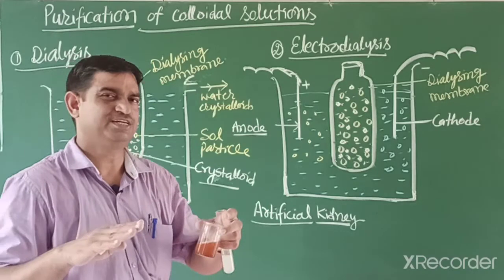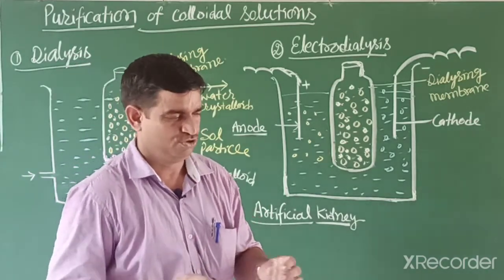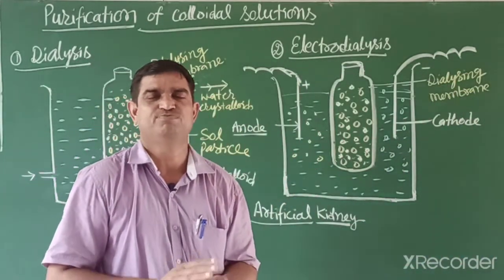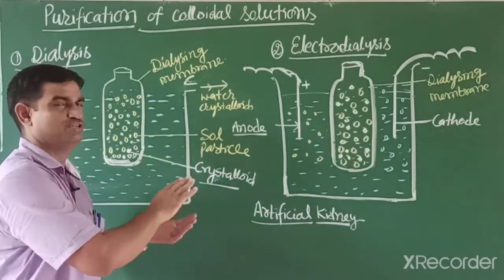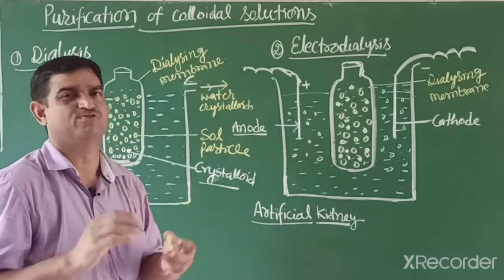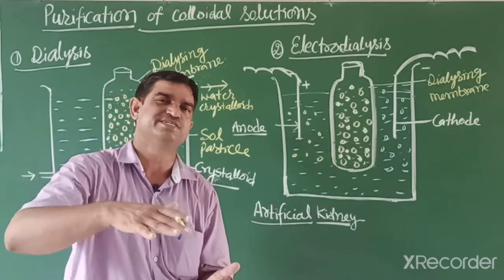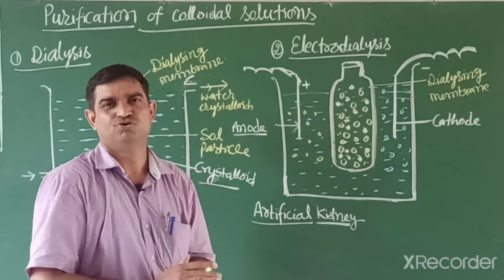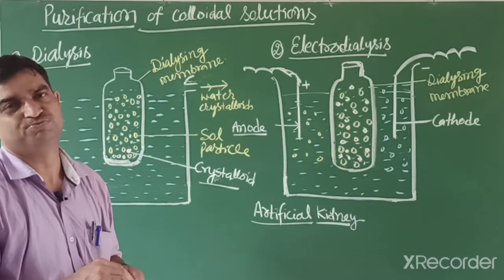But if the particle size is less than 1 nanometer, how can we remove it? We need to remove the excess electrolyte, because a small amount is needed for the stability of a colloid. If in excess, then that electrolyte coagulates, precipitates, flocculates it. We want the colloid to be stable for a long time, so we have to purify it.